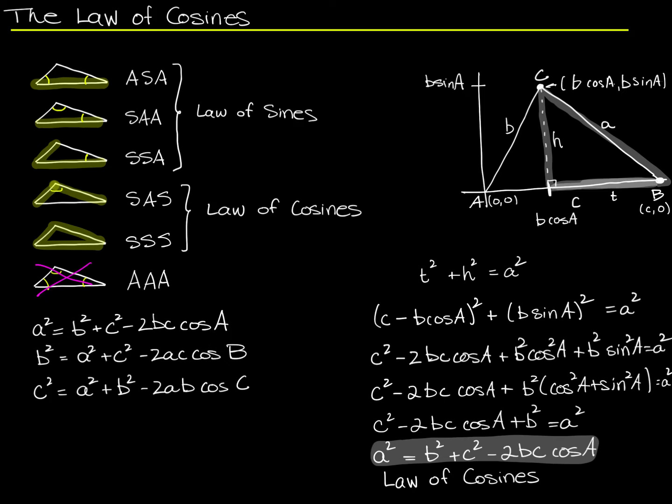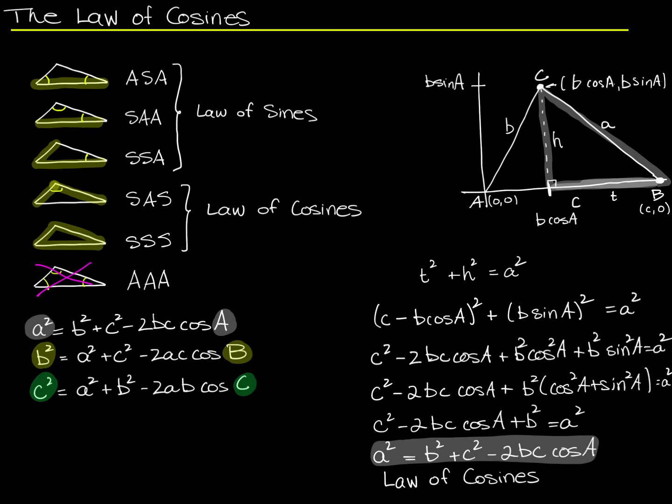What I mean by the pattern is that you'll notice that if the thing starts with a side a squared, then it's the cosine of angle A that you have to use in your formula. If you have a b squared at the beginning, then it's cosine of b. And if you have a c squared, it's the cosine of c.